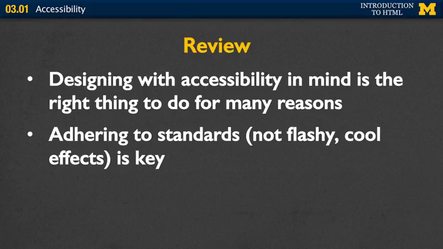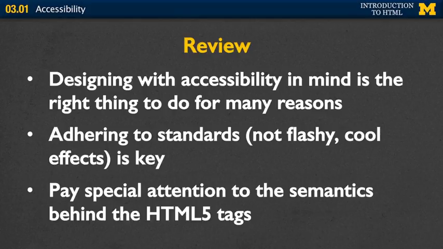So finally, as we go through this class, make sure you pay special attention to the semantics behind HTML tags. These semantics contain special information that are going to make it much easier for people who are using assistive devices to understand the content of your page. Together, we can make sure that the next generation of web developers are designing for the greatest possible audience.